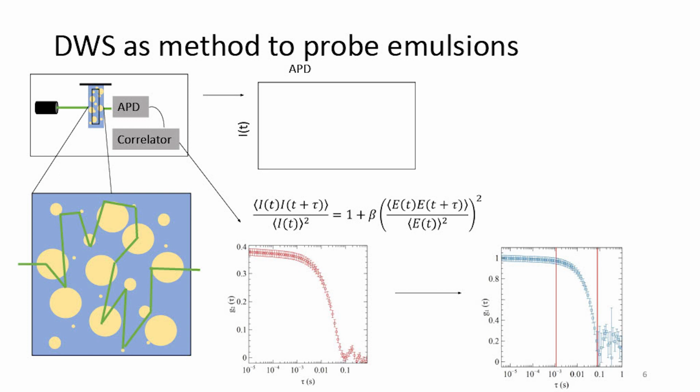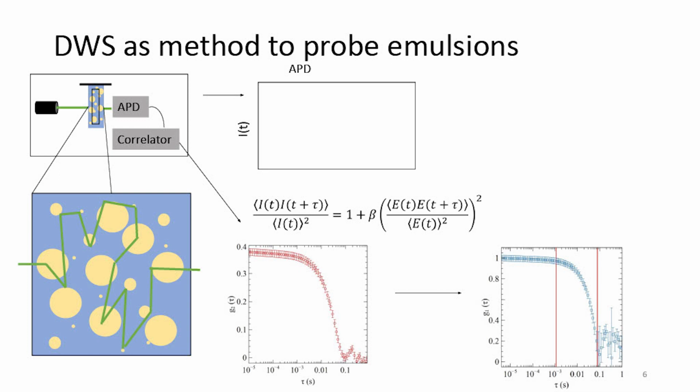So we've talked about ways that emulsions destabilize, and you might be wondering how these emulsions can be measured. So the rate at which the destabilization occurs can be measured with diffusing wave spectroscopy, or DWS for short.